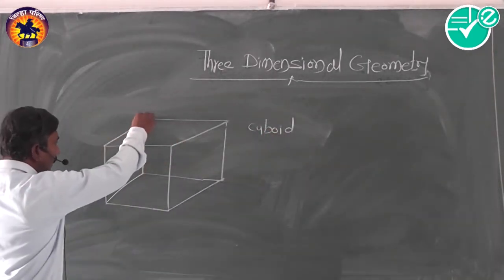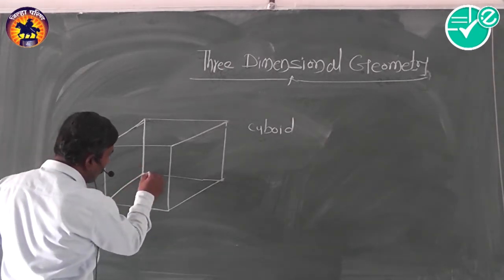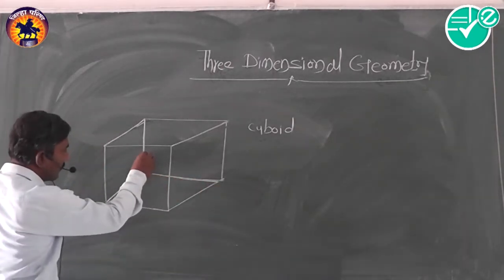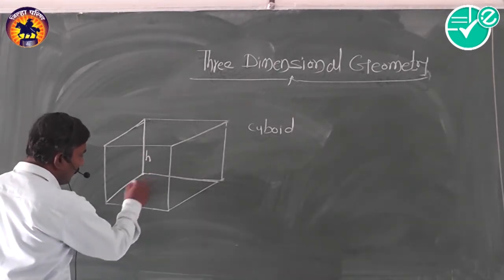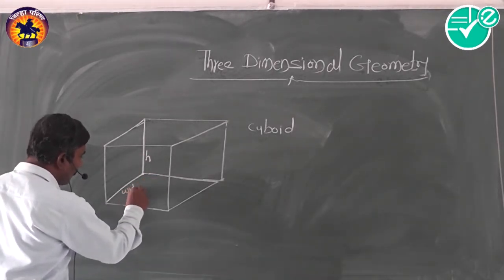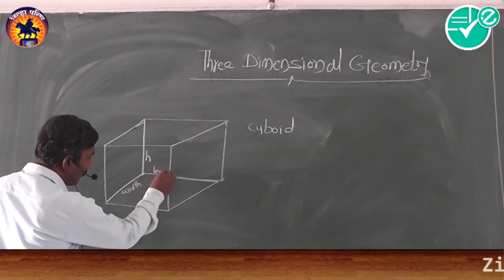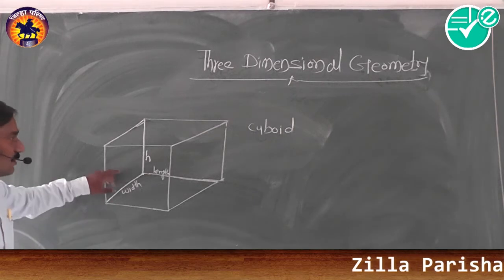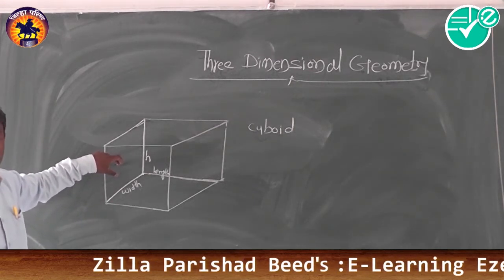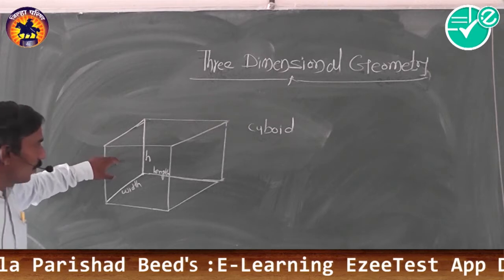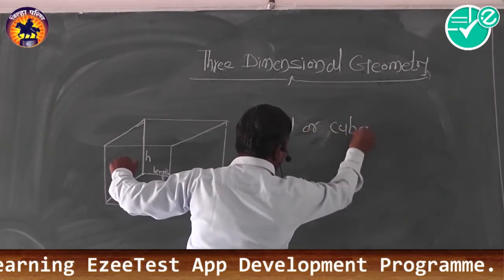Here each figure has height h, width, and length. So this is the figure of a three-dimensional cuboid. Next, we can say cube.